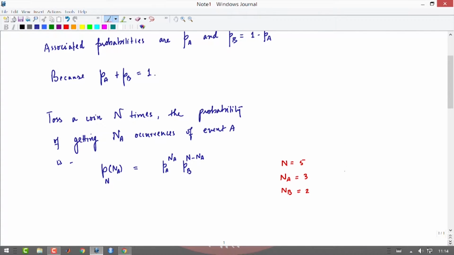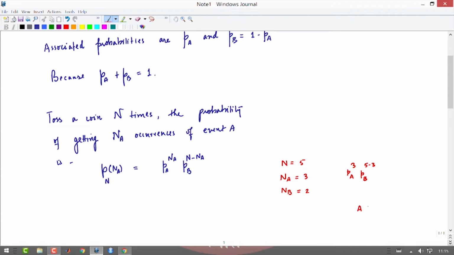Well, the toss probability P of A is 0.5, I know it is 0.5, raised to the power 3, and out of a total of 5, if there were 3 heads, there were also 2 tails. So, the joint probability is P B to the power 5 minus 3, which is 2. And let me draw one realization of this.